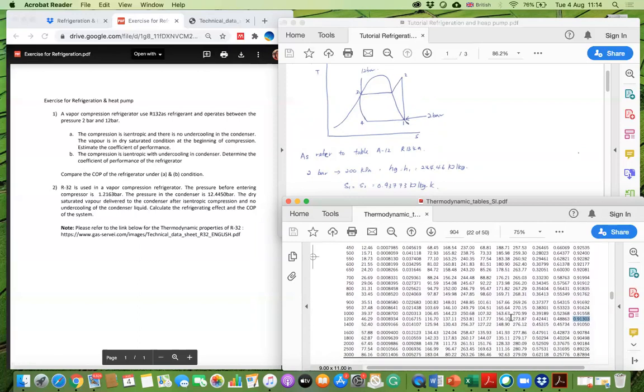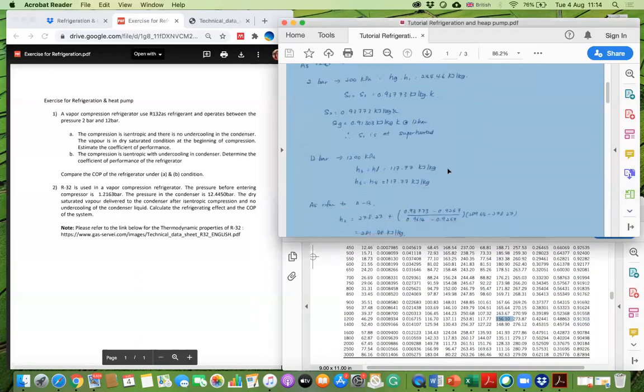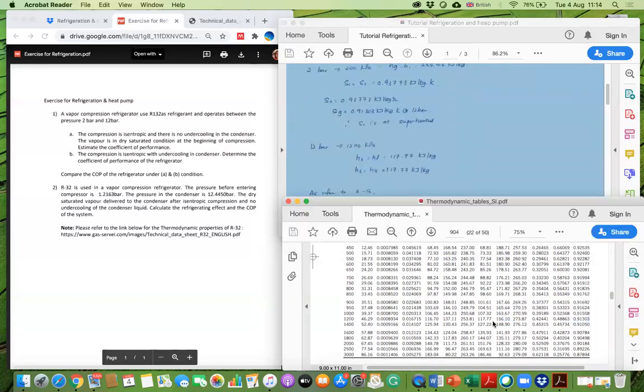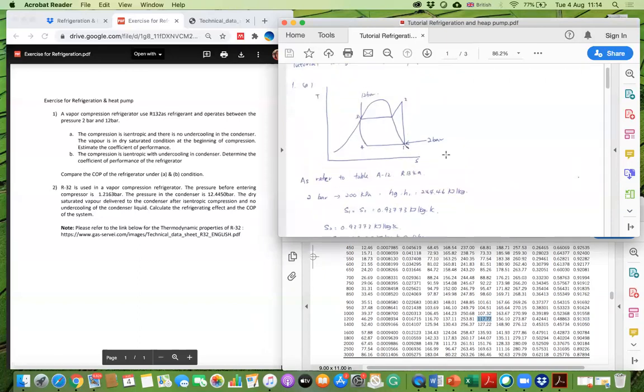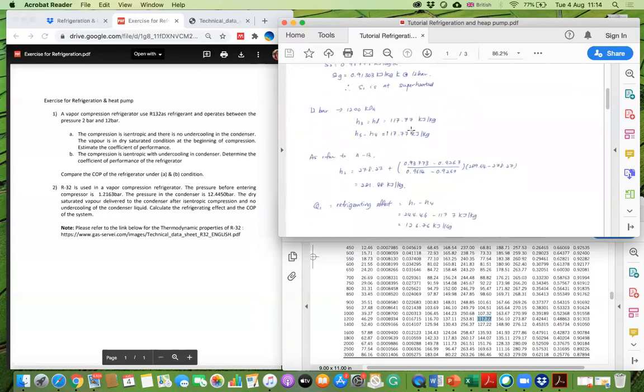Oh, I think it's this one. Is it? Let's check. Yeah, this one. It's 117.77. Can you see that? And if you refer to the P-h diagram, H3 is equal to H4. Please refer to your lecture notes. Therefore, you have H3 equals H4 equals 117.77. Does that make sense?